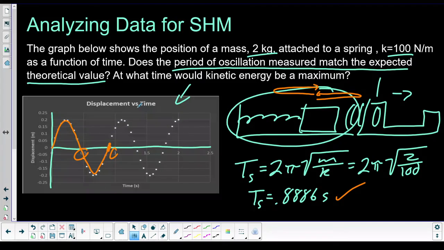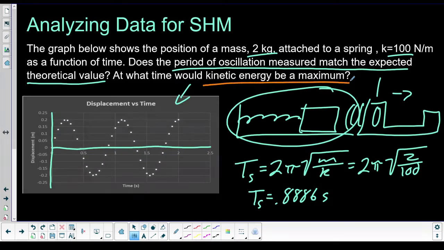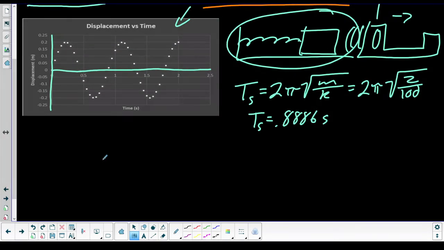Okay. At what time would the kinetic energy be a maximum? Okay. So this is maybe a slightly less straightforward question. Because this is oscillating, there's a bunch of times this would happen. This happens multiple times. So let's talk about our energy really quick.